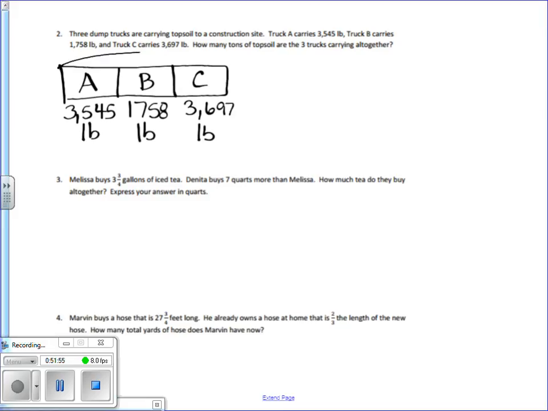They want to know how many tons. Are those in the same units? No. So this is a two-step problem. What would be the easiest thing to do first? Add all the numbers together. First, the total number of pounds.